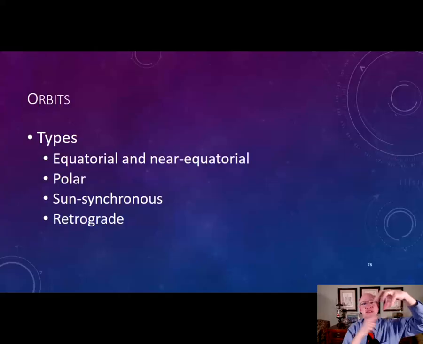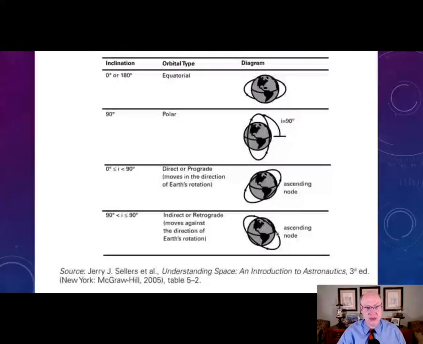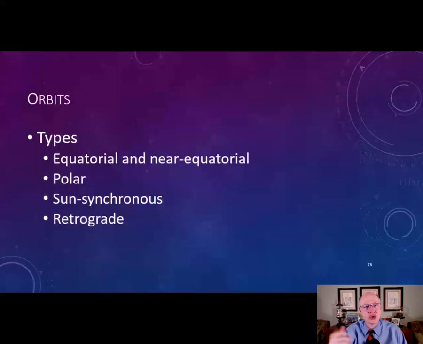These are objects orbiting around the equator of the Earth or near the equator. This is an example of an object in an equatorial orbit. It's basically orbiting around the equator, or it's inclined only slightly to the equator.